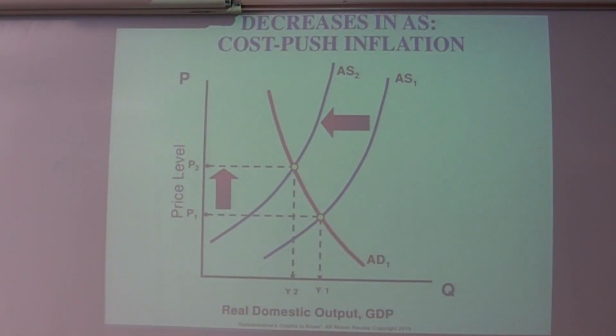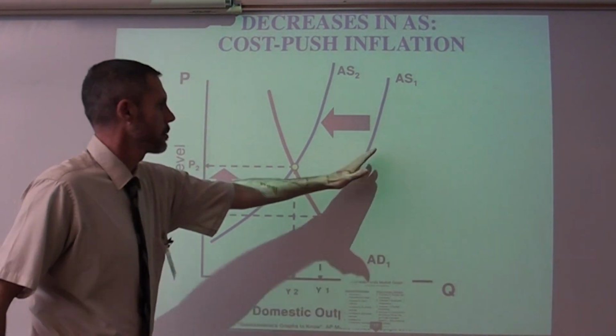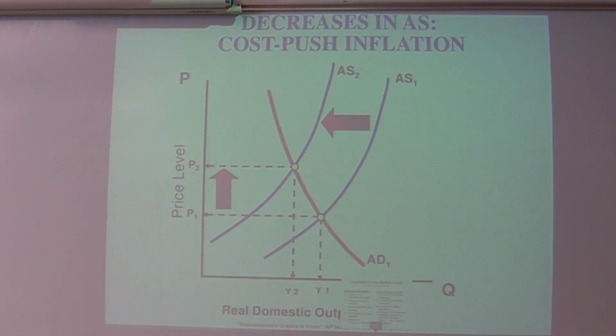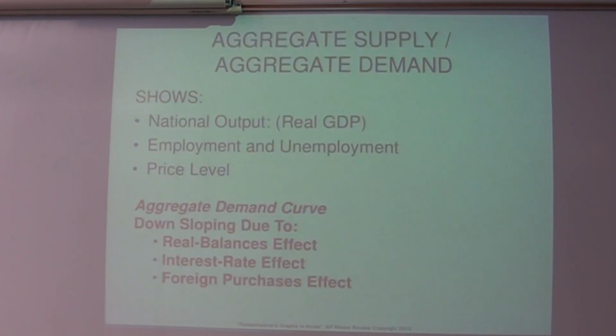Cost push inflation then, some form of cost for factors of production goes up, short-run aggregate supply shifts to the left, pushing up prices. Oftentimes this is synonymous with stagflation. Your economy is stagnant. It might not be going down that much in terms of real GDP, but unemployment goes up because it's a recessionary gap, and you have a situation where price level goes up.